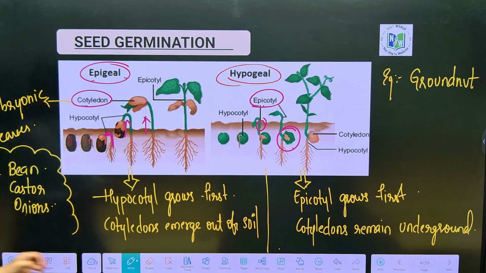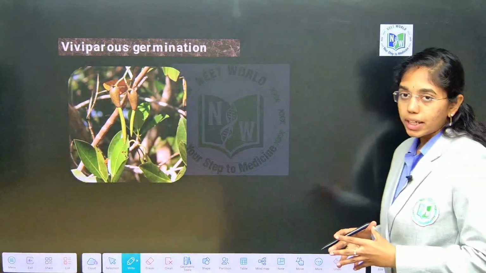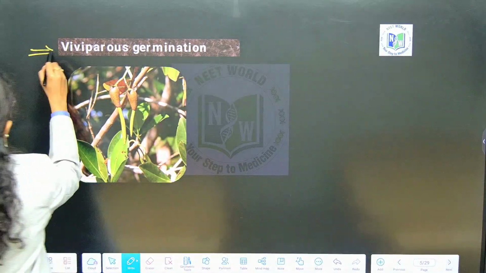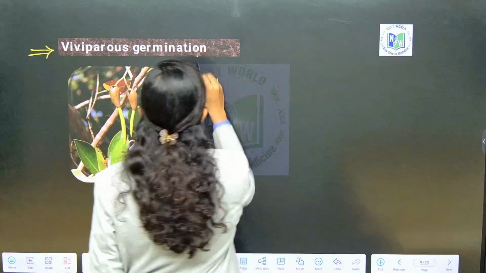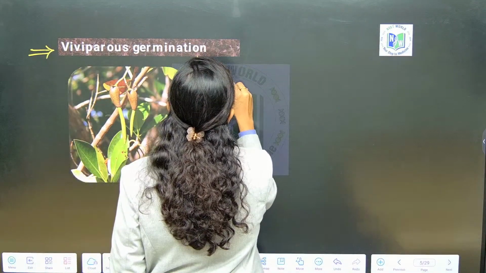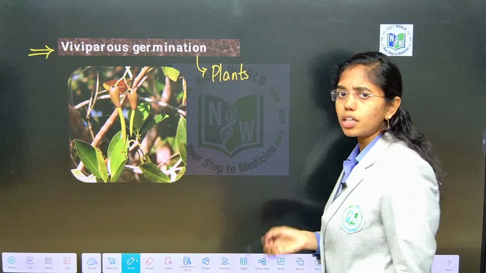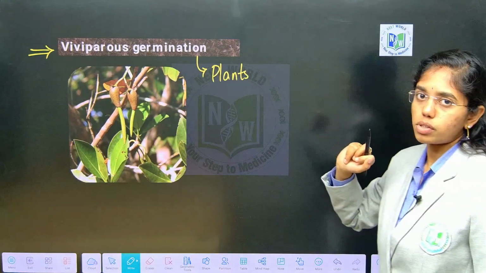And then after types of seed germination, one more major type that you have to address is viviparous type of seed germination, which is widely observed in those plants which grow in halophilic conditions. Plants that grow in any kind of stress like salt stress, water stress, drought stress, usually show viviparous type of germination.